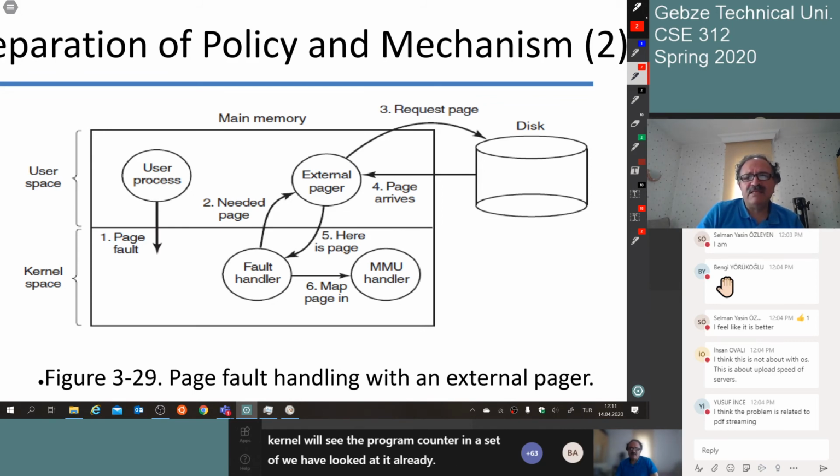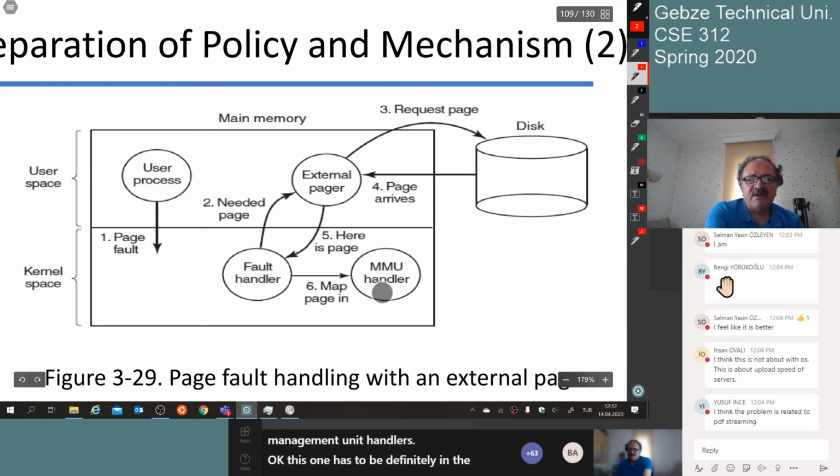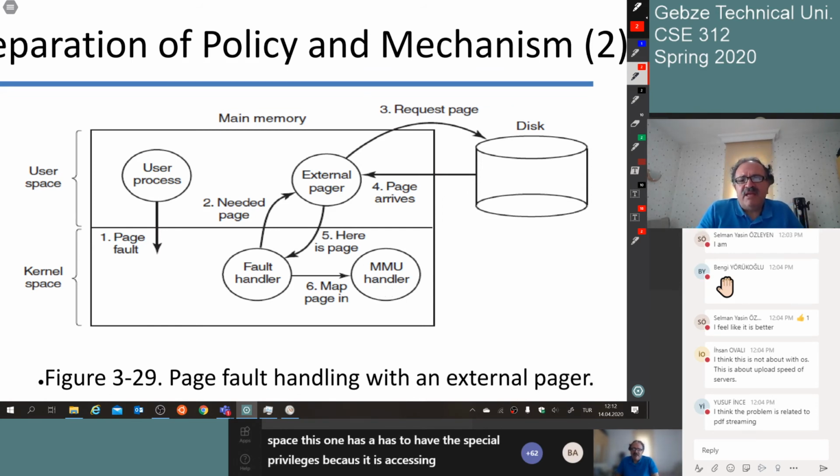Usually we divide our memory management handling into three parts. One is the memory management unit handler. This one has to be in the kernel space, with special privileges, because it accesses the special memory management unit registers, like the TLB tables, its registers and pointers to the page tables.